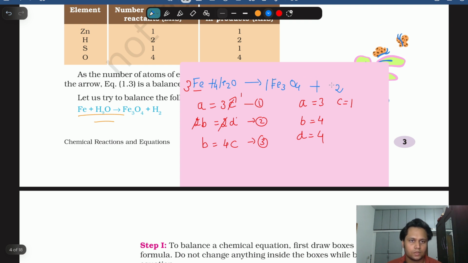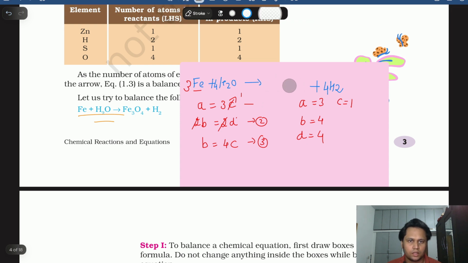Plus what was here? H2, right? What is D? 4, right? So 4. This is 1, okay? Need not write 1, you just need to remove it. So I'll write it again. Okay. So this is the balanced chemical equation. Am I right?